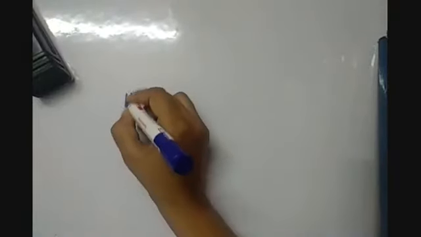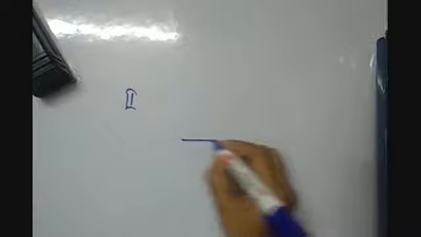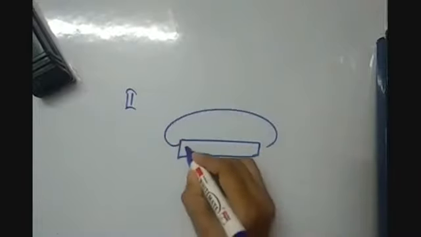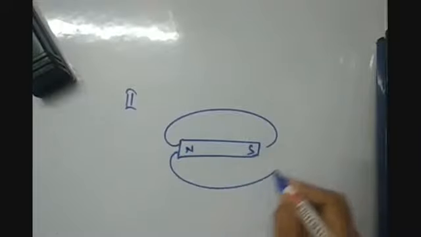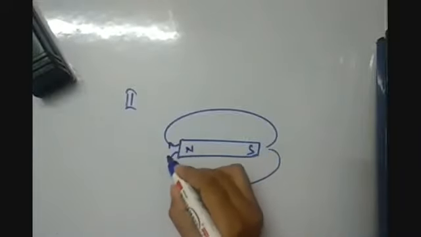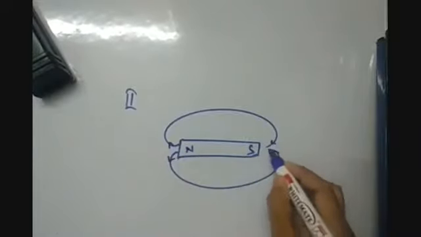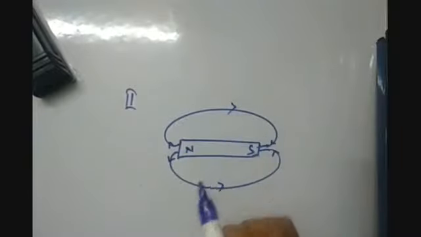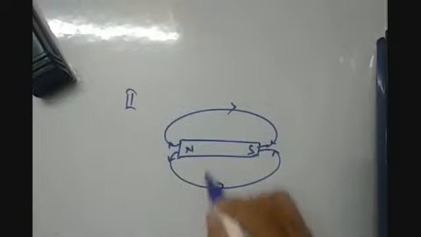The second property is that magnetic field lines are there around a bar magnet. Then the tangent on the magnetic field line at a particular point will give the direction of the force, or you can say magnetic field.